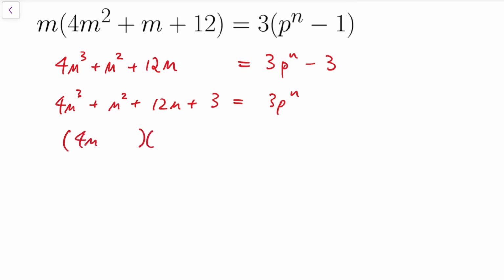Notice that now the left can be factorized, so it can be factorized as (4m plus 1) times (m squared plus 3), and that equals 3 times p to the power of n.